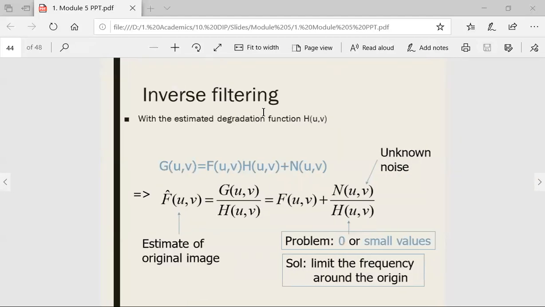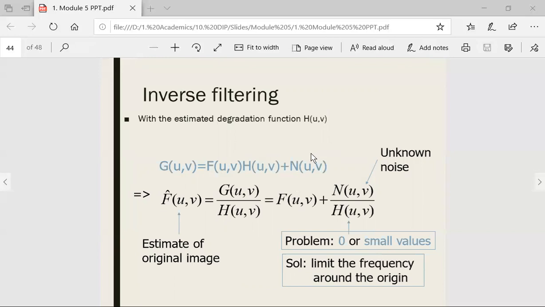Next comes inverse filtering. Inverse filtering is nothing but removing the estimated degradation function h of u comma v. Here h of u comma v is the degradation function. G of u comma v is equal to f of u comma v into h of u comma v plus noise.